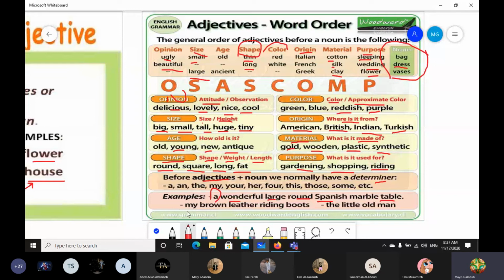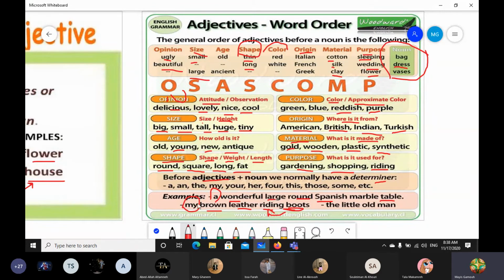Another example, my brown leather riding boots. Here I use the determiner my, because it is something that belongs to me. Brown, the color, leather, the material, riding, the purpose. I use these boots in order to go riding, maybe a horse.